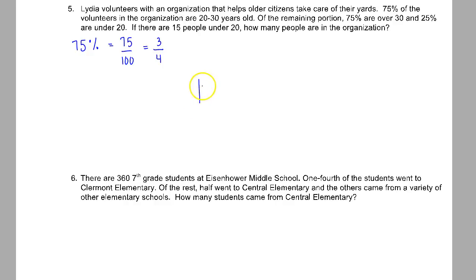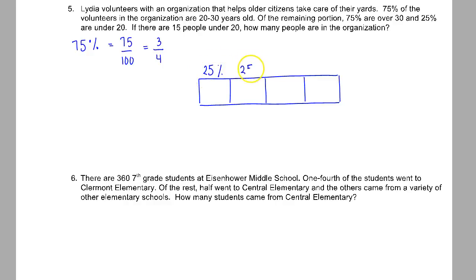So I'm going to divide my model into 4 equal parts. And I'm going to take 100%, which represents my entire model, divided by 4, which means that each of our sections will represent 25%.